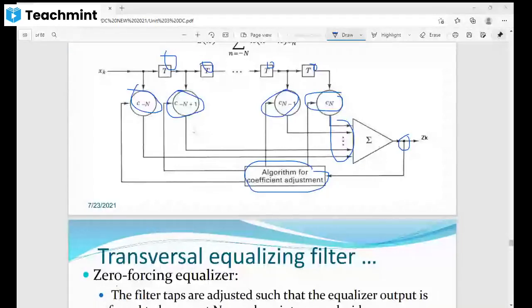The general diagram of the equalizer, that is linear equalization by using an adaptive algorithm, looks like this.